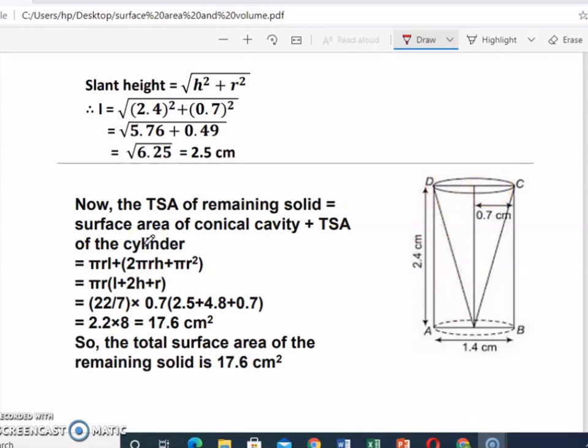So that will be pi RL plus 2 pi RH, where 2 pi RH is the CSA of the cylinder, plus pi R square, the base. This one also we have to add because this is also part of the surface. Then you will substitute the given values and solve it. So the answer will be 17.6 centimeter square.